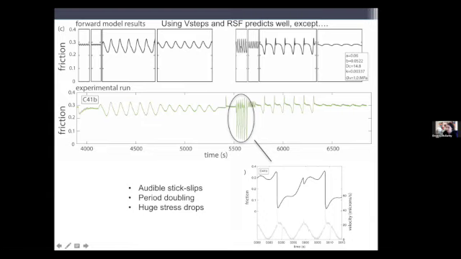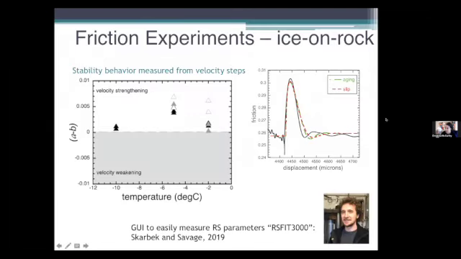And so this motivated Rob. Rob Skarbek created this really great program. It's freely available to analyze friction data, so if you are someone who looks at friction data, please go use that.